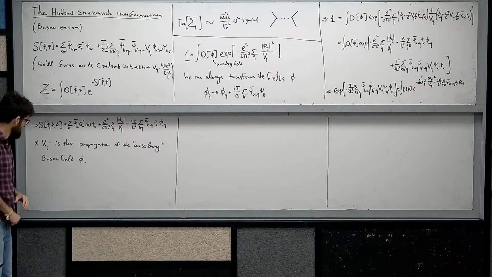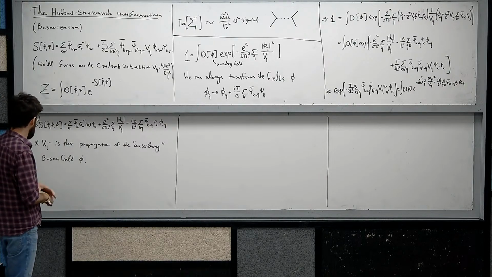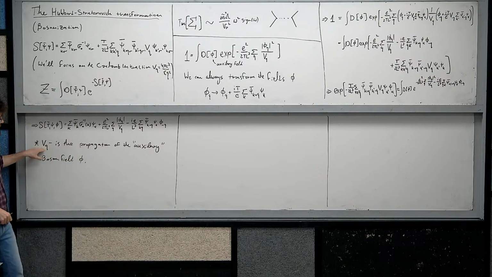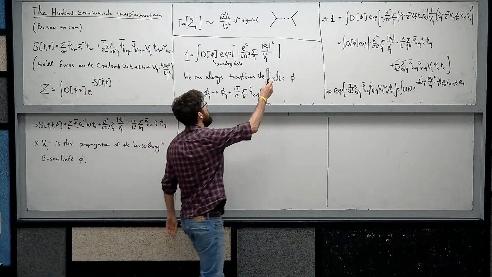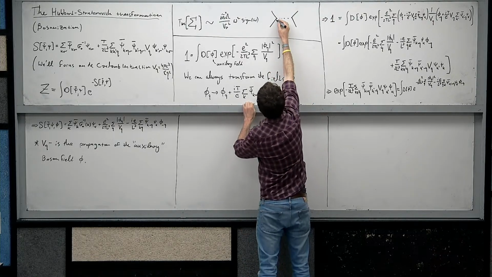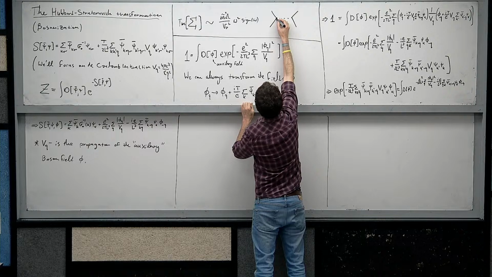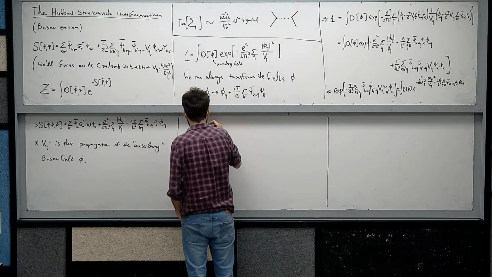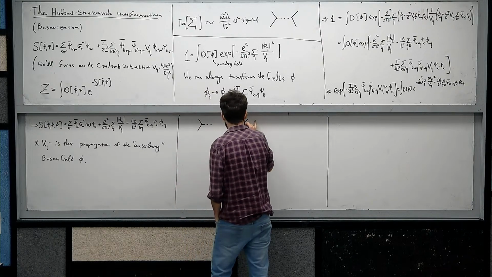But the point is that this V of Q, as promised, is the propagator of phi. This gives us the intuition that I was trying to give you here, that we can interpret this diagram as, here we have a coupling, we have another coupling.